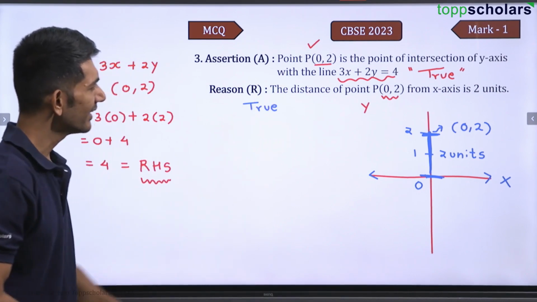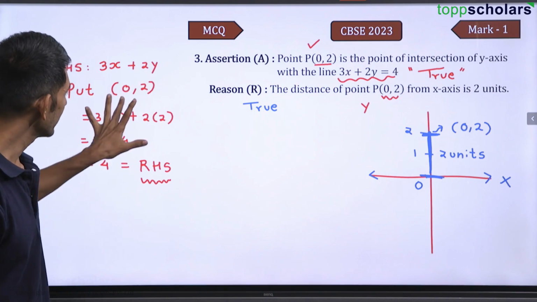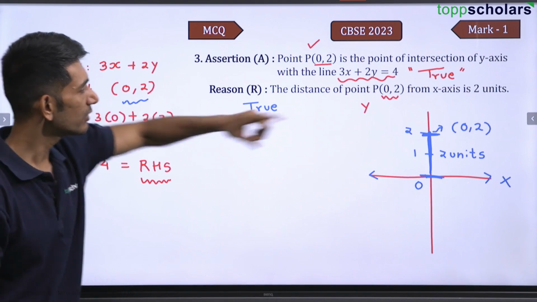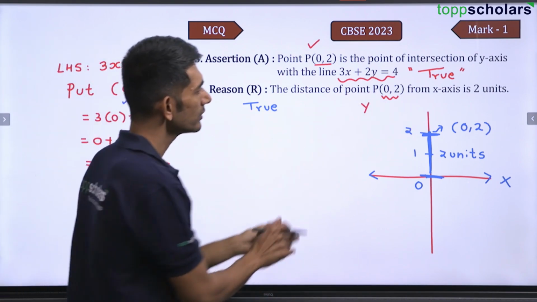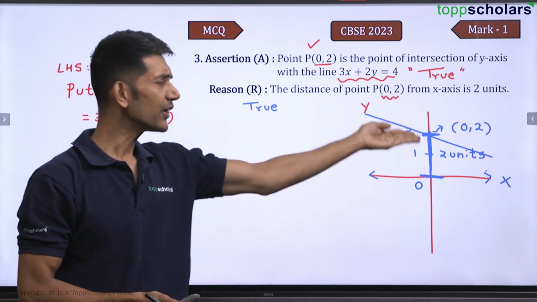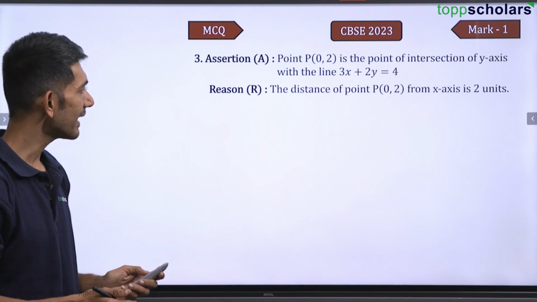But tell me one thing, does this have any connection with this? Here we have checked whether the point lies on the line or not. It lies. But it has nothing to do with the distance from the x-axis. That means what is the right answer for this?